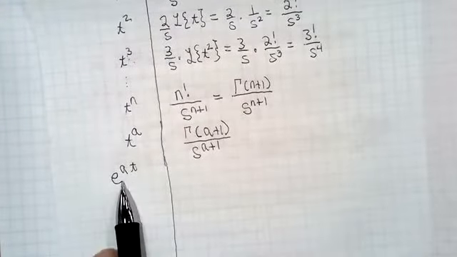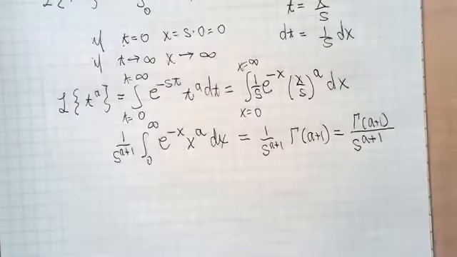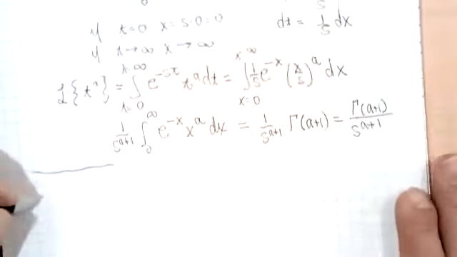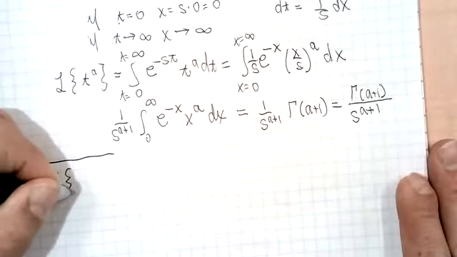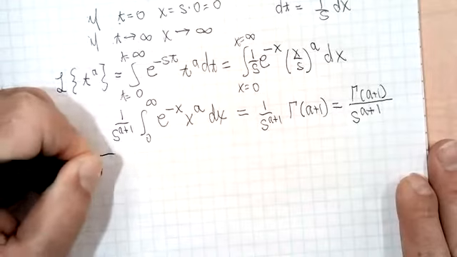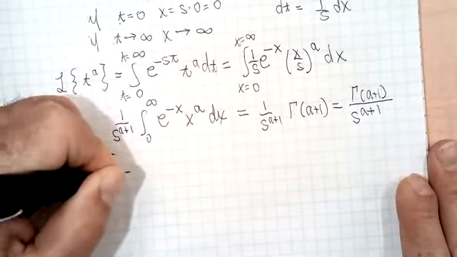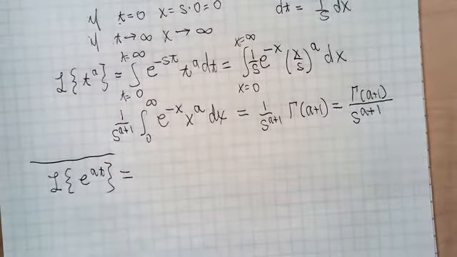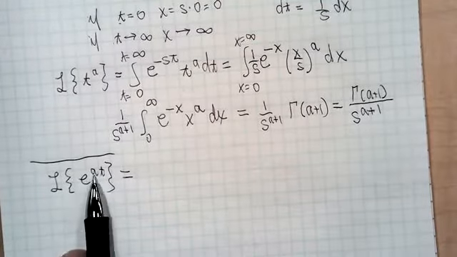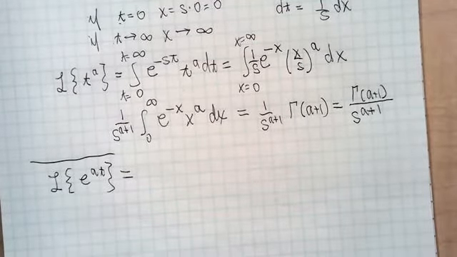And it turns out this one's especially easy to compute. So next one, what's the Laplace transform of e to the at? This comes up over and over again in this class, so I gave it a name. It's the eat function.